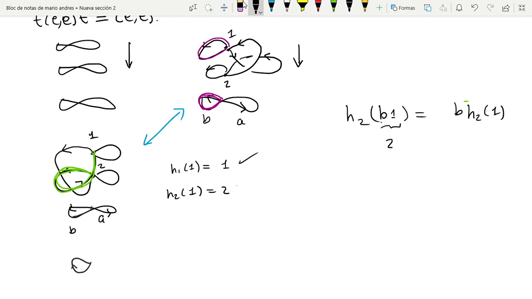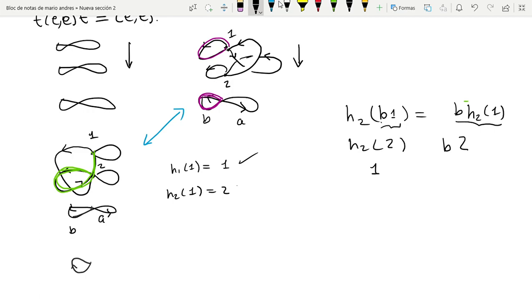So yes, this is 2. H2 on 2 is 1, okay? And the other side, what does it say? V acting on H2 of 1 is just V acting on 2, okay? So let's see what V does in 2.